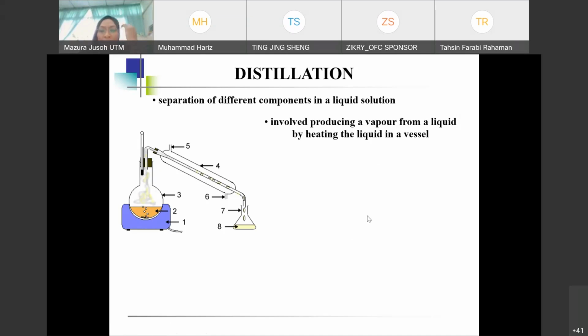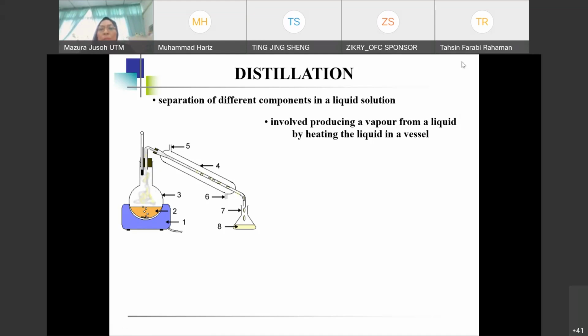Yes, maybe. Okay. So distillation that you have been exposed to in your high school, I think, is penyulingan, where you produce isolane, right? But for chemical engineering, the same principle is actually used to separate components in a liquid solution. So let's say if you have a mixture of A and B, two liquids, and A and B have different boiling points, right?